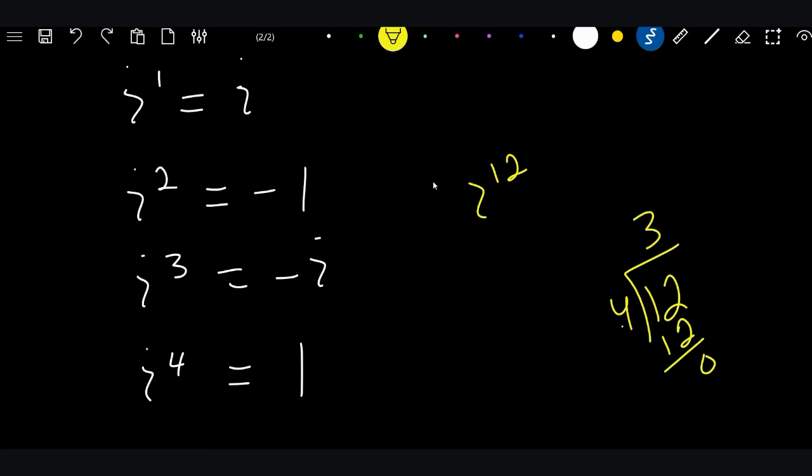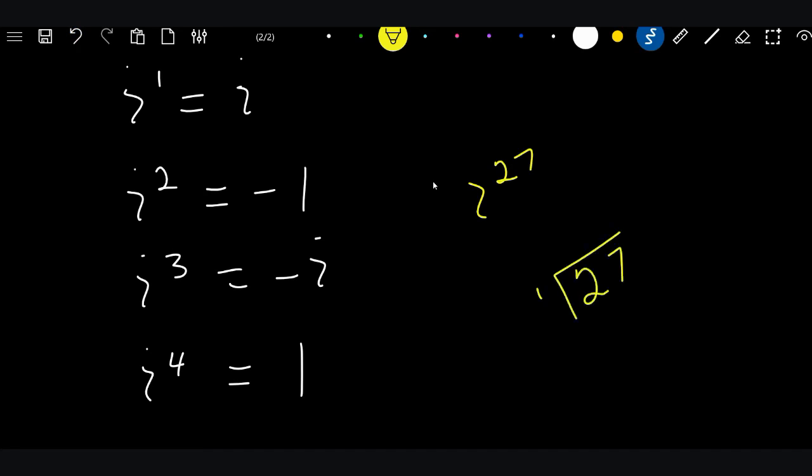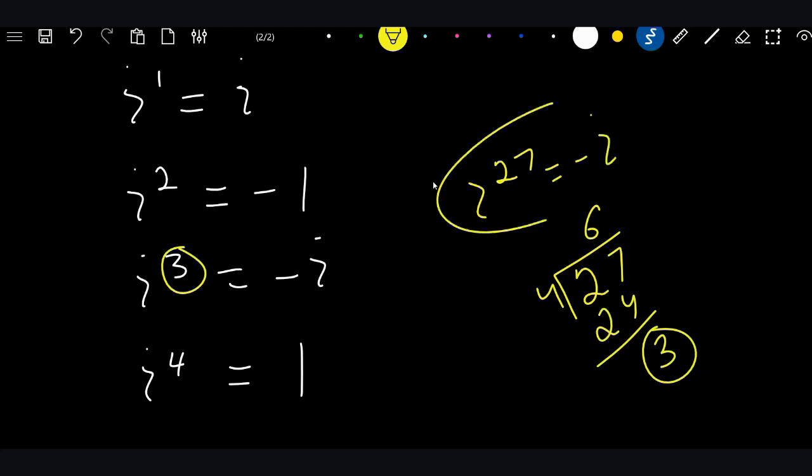If you get a 0 remainder, it's 1. So i to the 12th would equal 1. Let's try some other random ones. 27. 27 divided by 4. 4 goes into 27 6 times, 24 with a 3. Our remainder is 3. And so we would look over here, and there we go. Remainder 3 equals negative i.